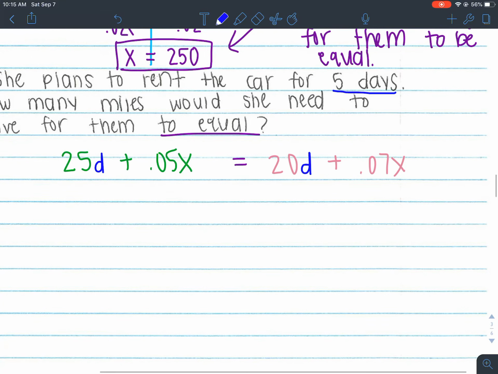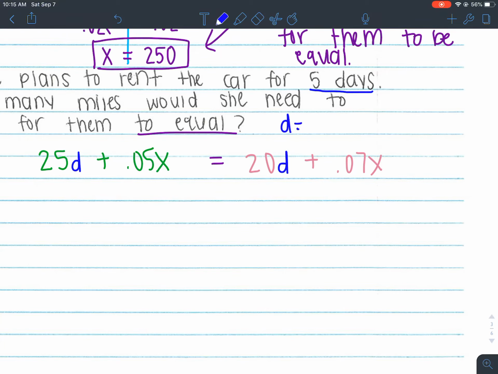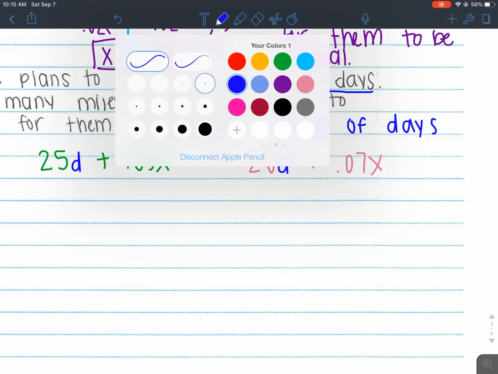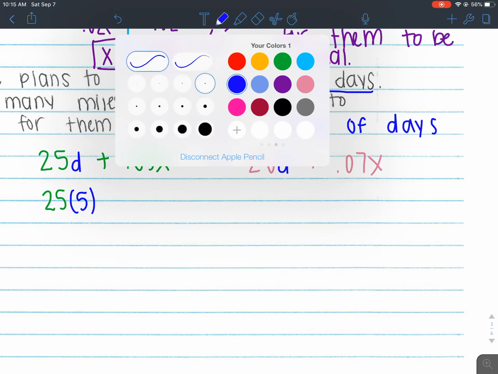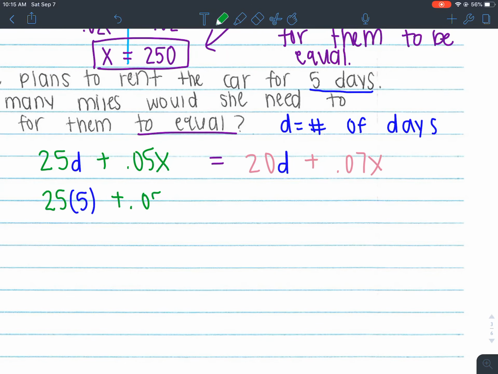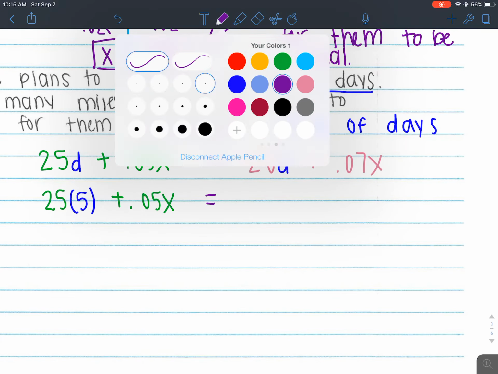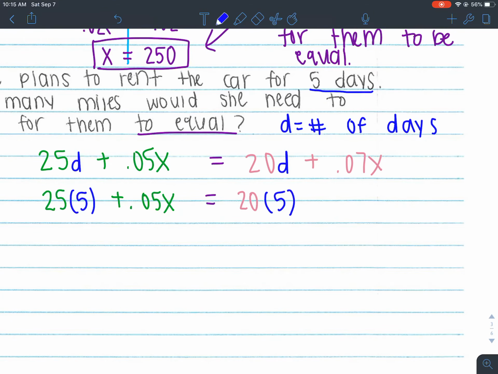However, I know that my D, which stands for the number of days, I want it for 5 days. So I'm going to substitute in a 5 there. So I have 25 times 5, because I have it for 5 days, plus 0.05x equals 20 times 5, because it's 5 days, plus 0.07x.